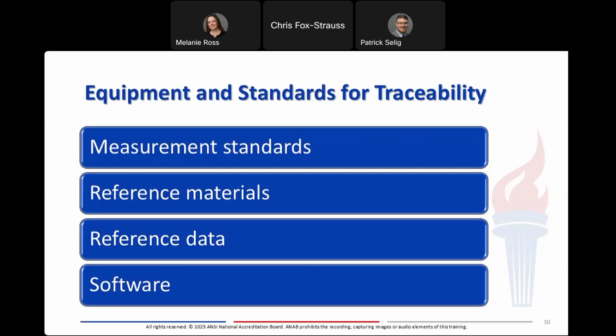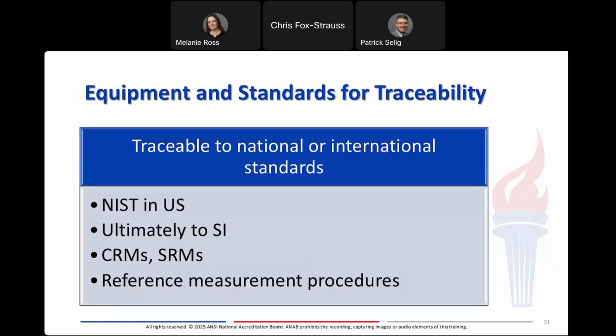When looking at equipment and standards for traceability, you want to consider the measurement standards, the reference materials, any relevant reference data, and any software that's needed to perform the calibrations. The equipment and standards used for calibrations must be traceable to national or international standards.